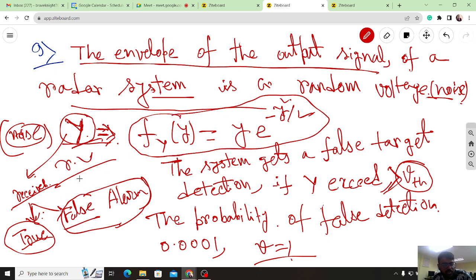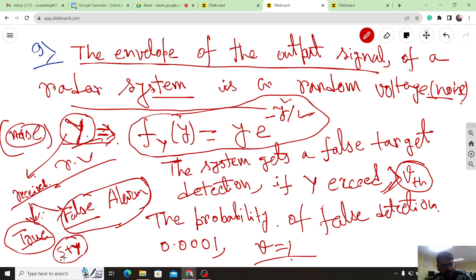Now, suppose the system receives a signal S plus this Y. When the signal is not present, the Y is always present in the system.